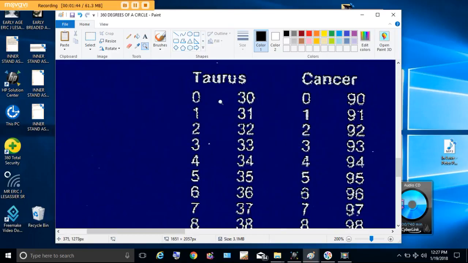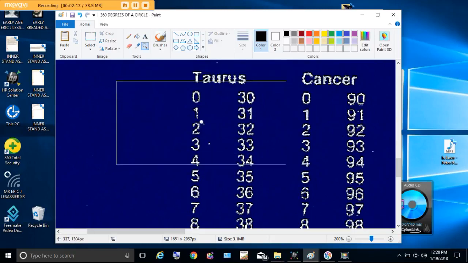And so when Taurus starts, it starts at 0 because of the progression to move towards 360 degrees. So on this chart, Taurus describes 0 to be equal the value of Taurus's 30 degrees.